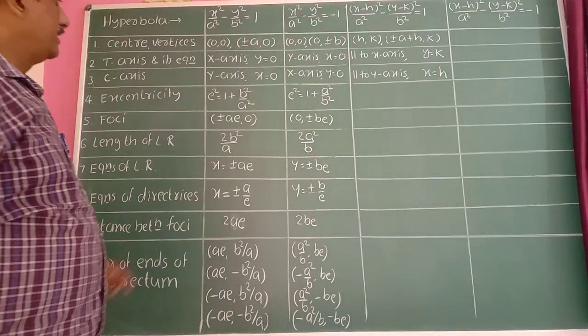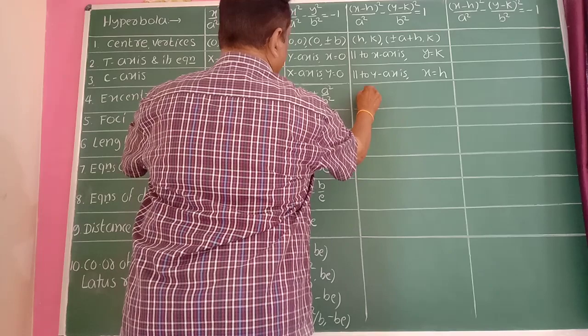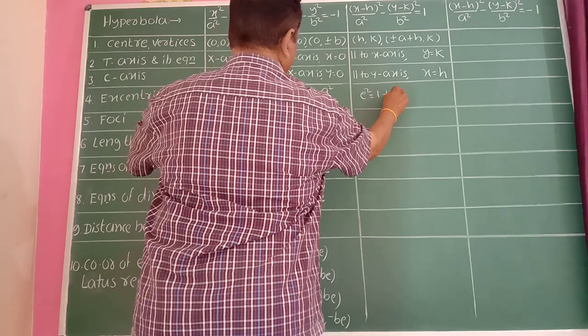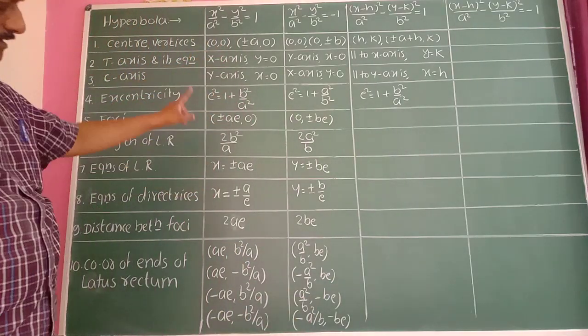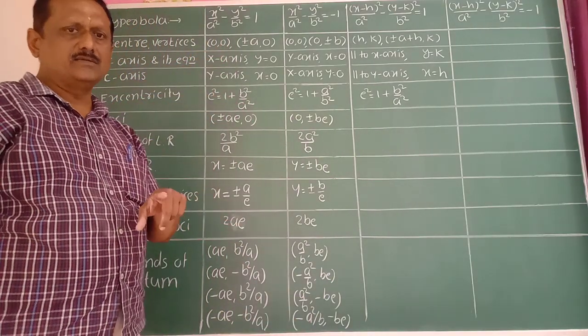Eccentricity is the same here, e squared is equal to 1 plus b squared divided by a squared. You are using this formula. So where there is x, add h, where there is y, add k. Simple.